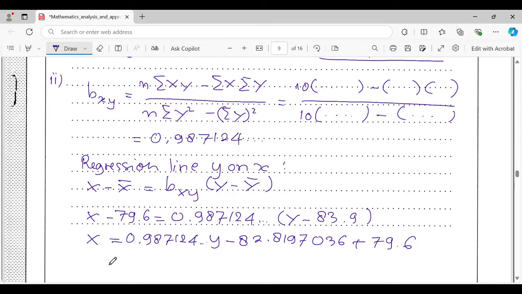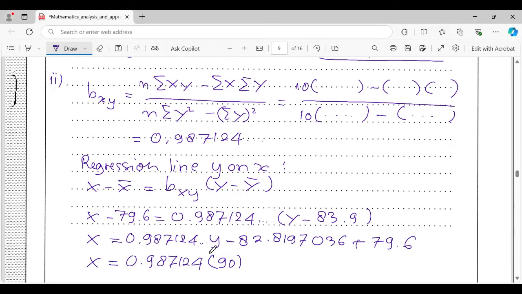And you can find x by substituting y with 90, because y equals 90. So 0.987124 times 90.